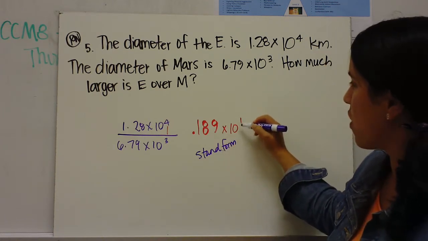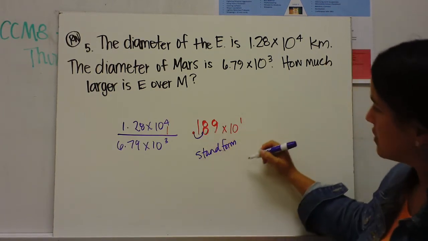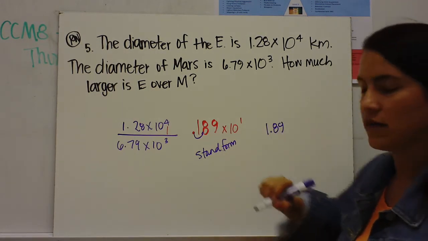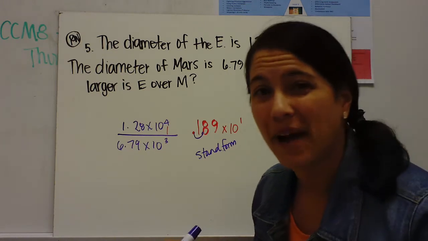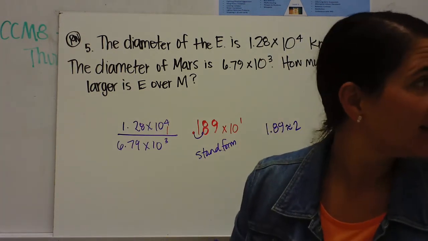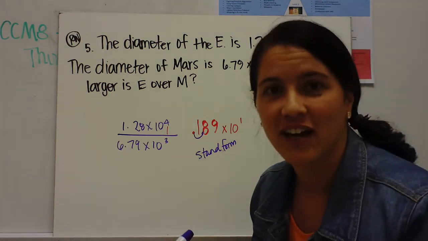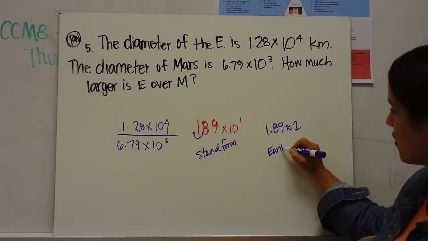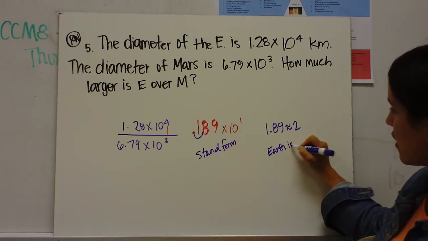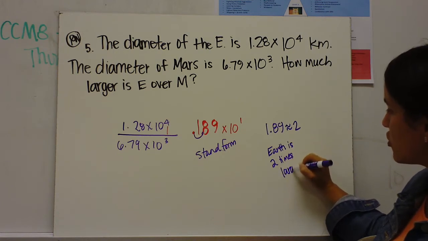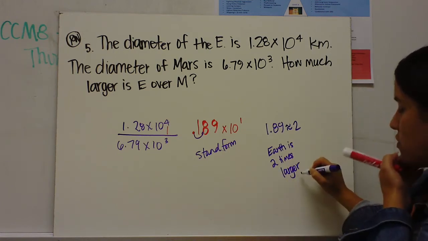Since the exponent is 1, I'm going to go 1 to the right. So in standard form, this is 1.89, which is about 2. Oh, okay, it's about 2, which means that the Earth is about 2 times larger than Mars.